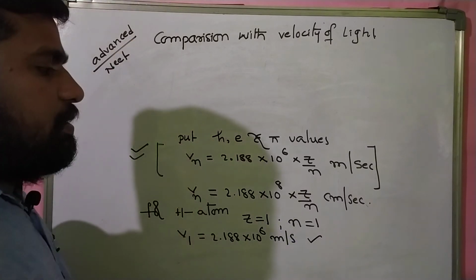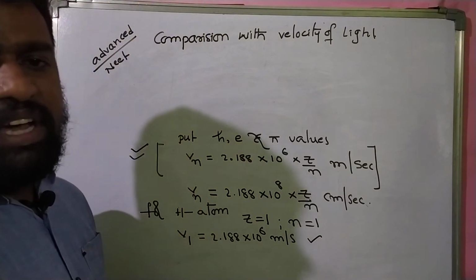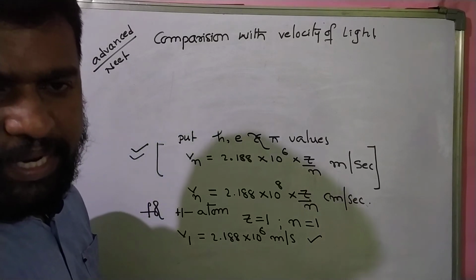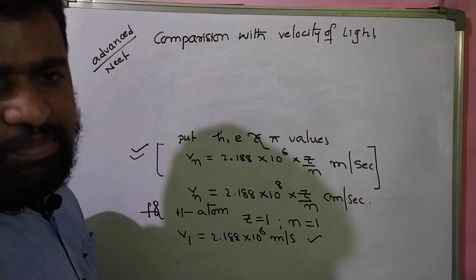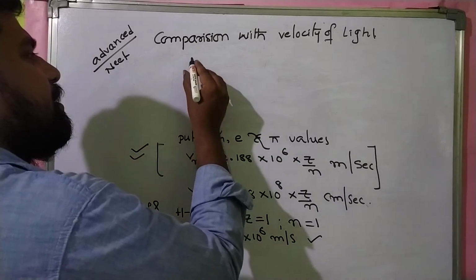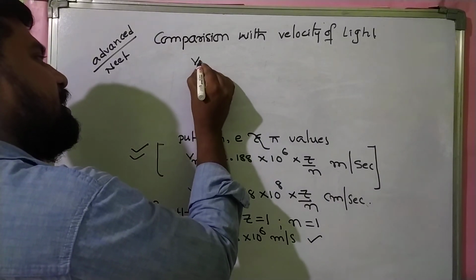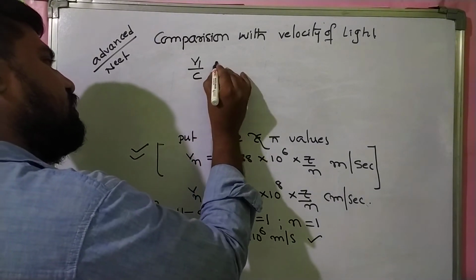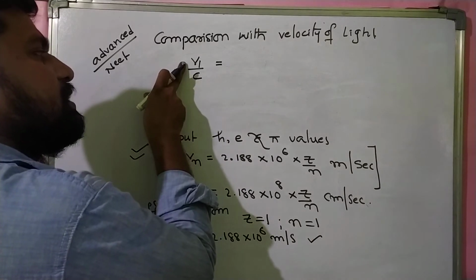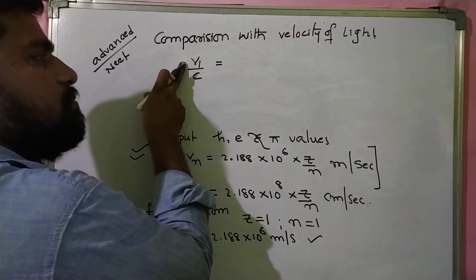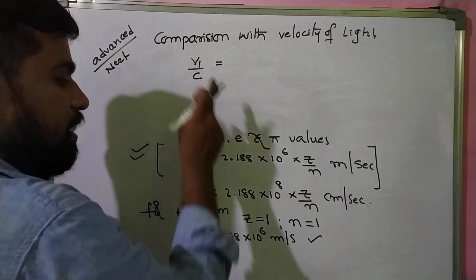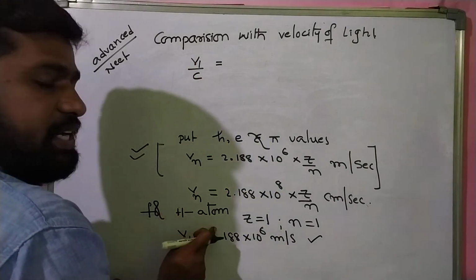So what is the velocity of electron in the first orbit when compared to the velocity of light? Very easy. Here v1 by c, where v1 is the velocity of electron in the first orbit of hydrogen atom, which I already wrote here.